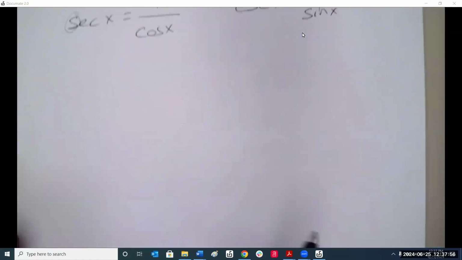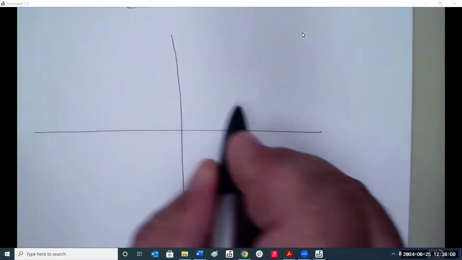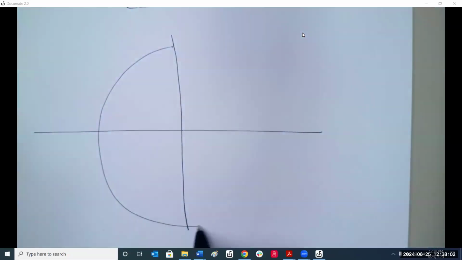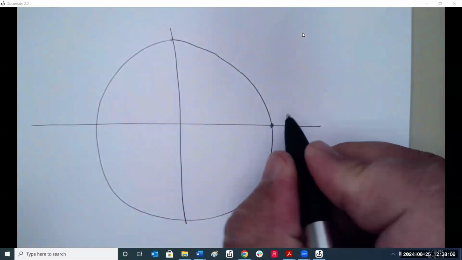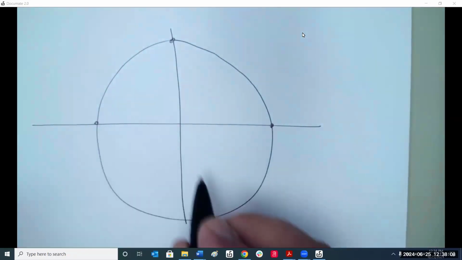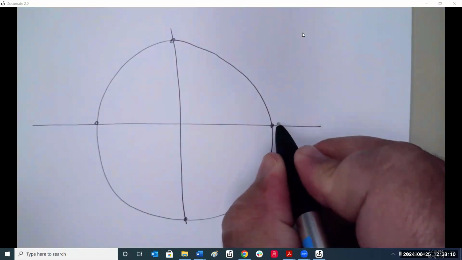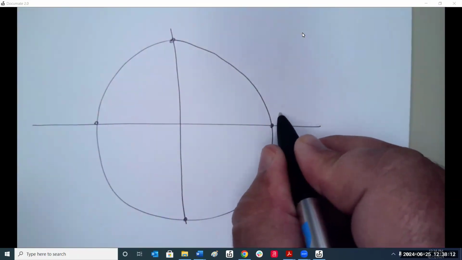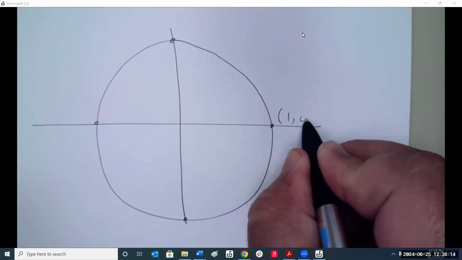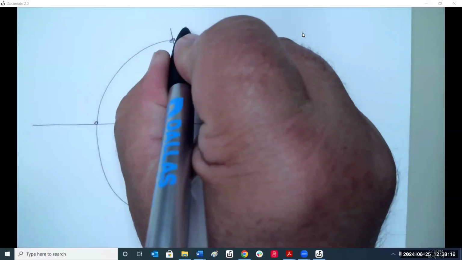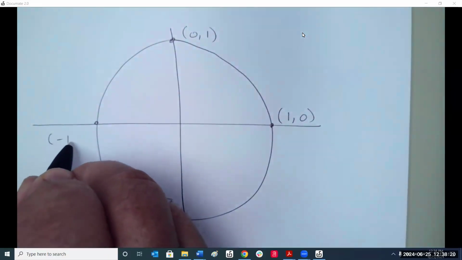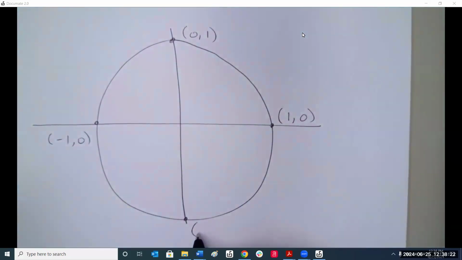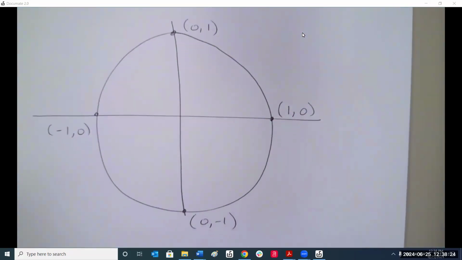And sine and cosine relate to the unit circle. These are the points of interest. Because we know that's (1, 0). This is (0, 1), (-1, 0), (0, -1).